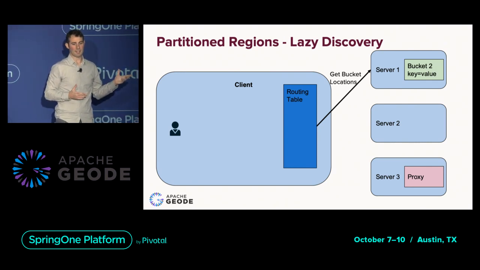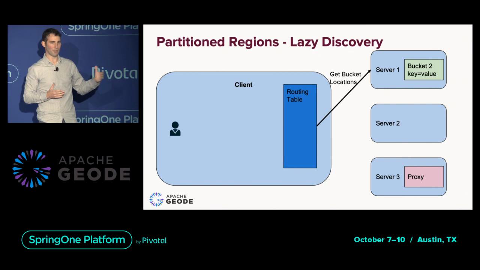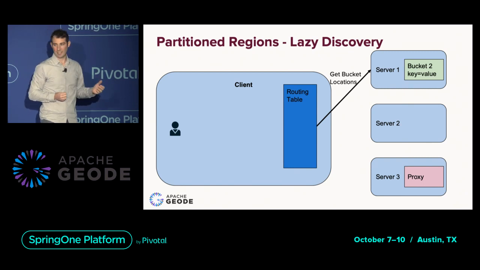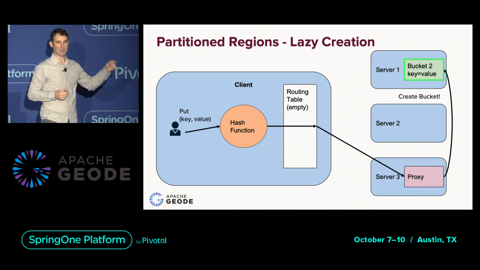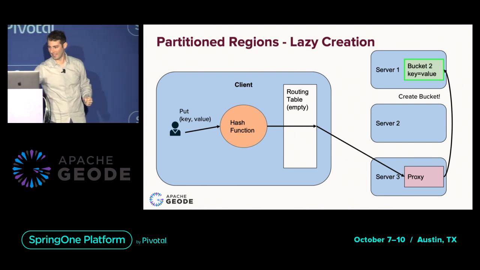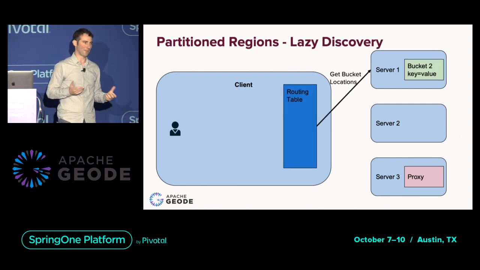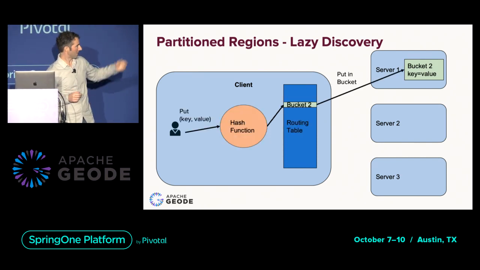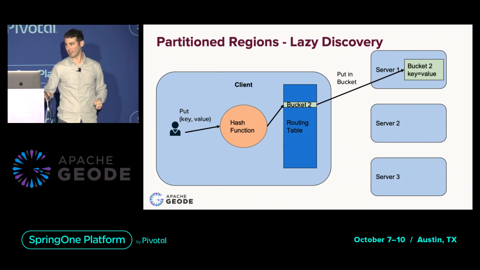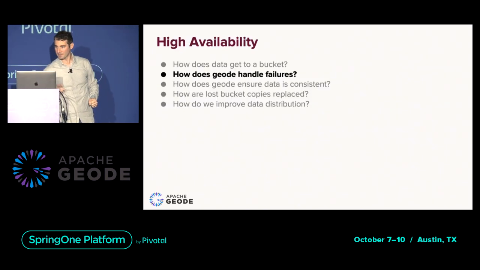And this is also one of the ways that we make sure that you have the lowest latency we can give you, because in my previous slide, we were doing an extra network hop to go through this proxy server, and now we get to go directly to the server where the data is stored. So there's our next put going directly to the location where the data is stored.